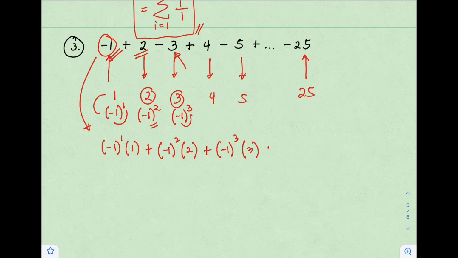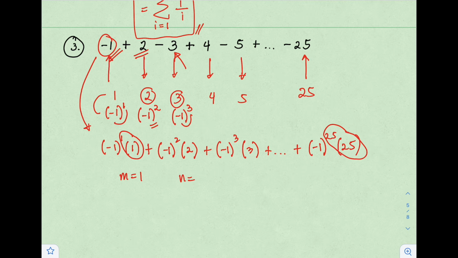Okay? Then so on and so forth hanggang kay negative 25. So that is negative 1 raised to 25 times 25. Tama? So, as you can see guys, na meron tayong lower bound which is equals to 1. Okay? Then, ang ating upper bound is equals to 25.